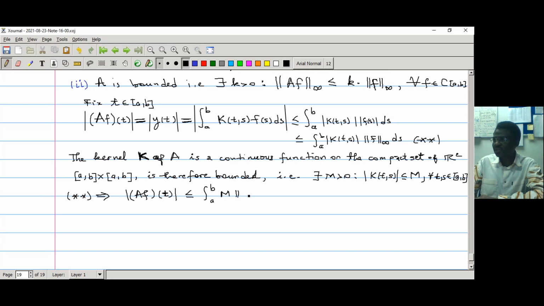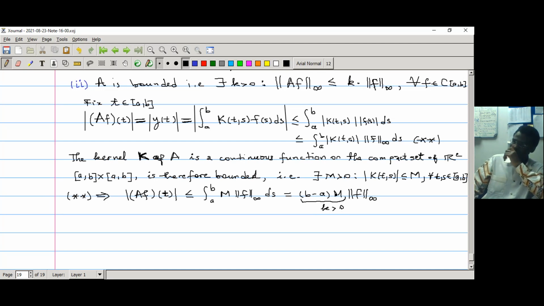In fact, these two are constant, so I can take them outside. The integral of ds will just be b minus a. So I can say b minus a times M times the norm of F. Now this is our lower k, and it's positive. M is positive, b minus a is positive because b is greater than a. And we are done.